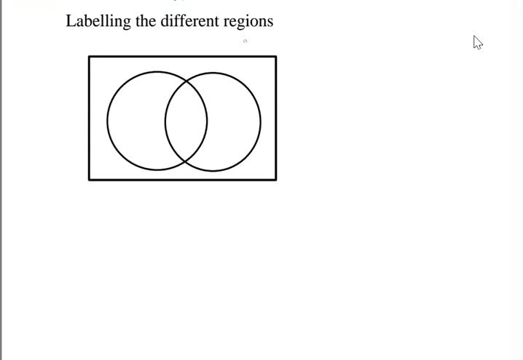Let's just say U, this is A again, and this is B. Whenever two sets intersect in the universal set like this, it divides the set into 4 regions.